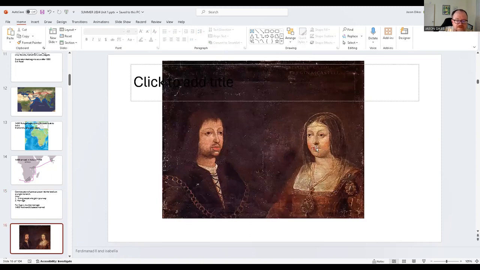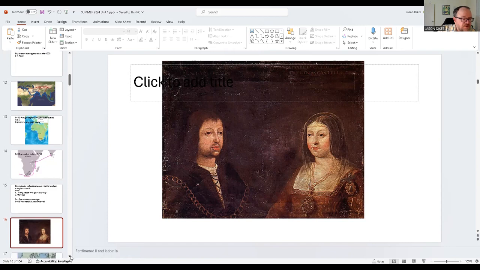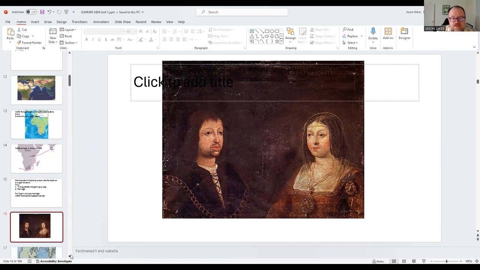So these two kids get married. It unites the two most powerful families in Spain into a single family, a single monarchy. Okay. France will have their own version of this. The British will have their own version of this as well. So how do we get from that to crazy Columbus?